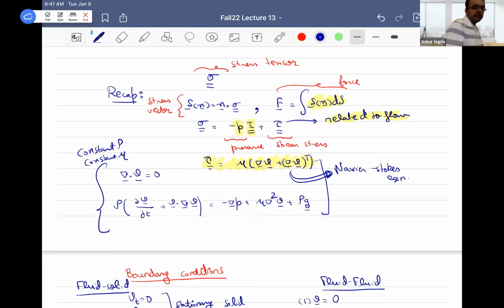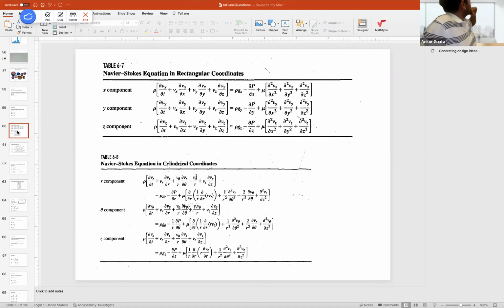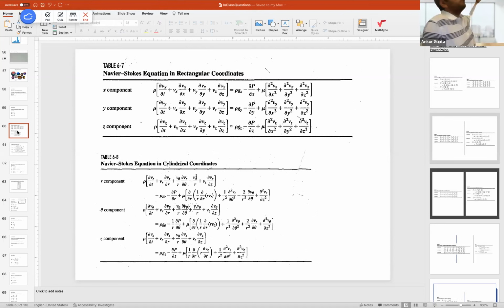All right. One thing I did forget to mention last time is that this compact form of the equation is not something you'll necessarily use every time, because these are vector equations. The book has a few tables, Table 6.7, 6.8, and these are the scalar forms of those equations.